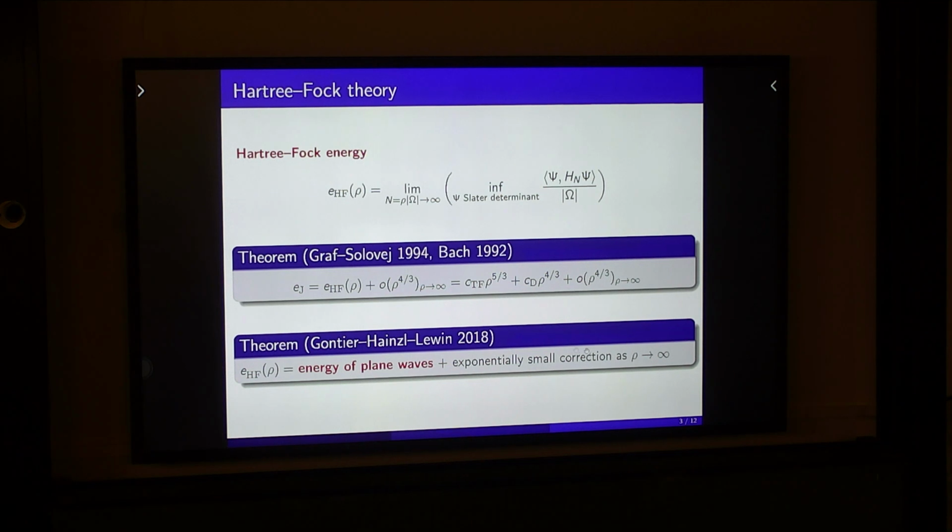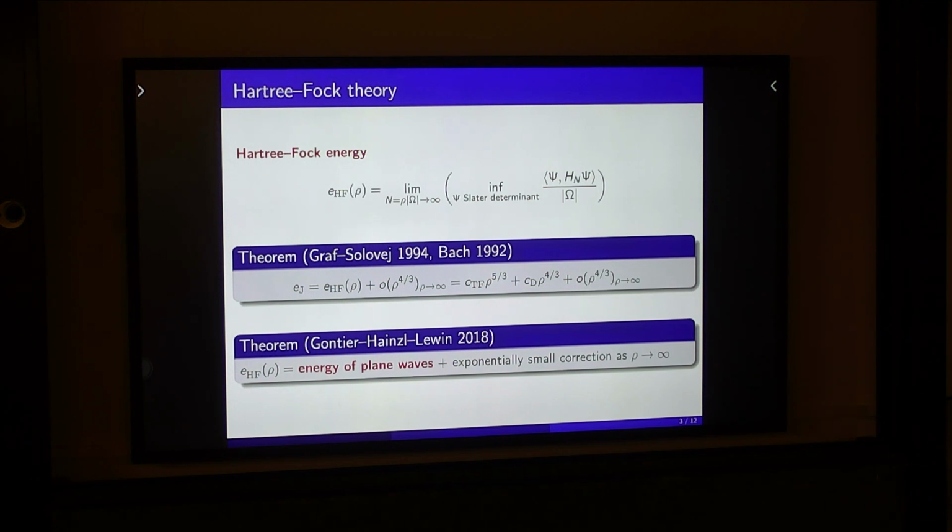We never thought about that, so it came as a little bit of a surprise, but that basically justifies what you see in the physics literature, that when you calculate the ground state energy in the Hartree-Fock approximation, you only use plane waves. So now one of the main questions is, how do you go beyond that?